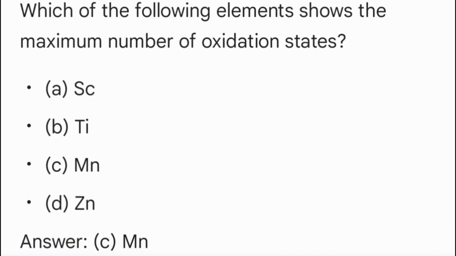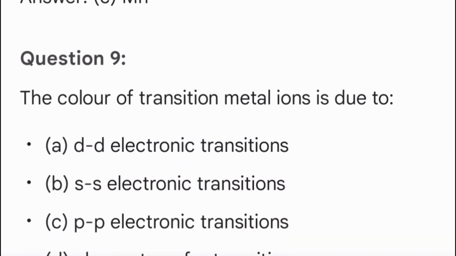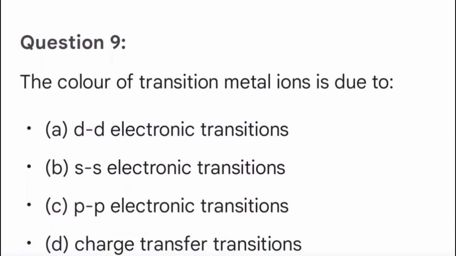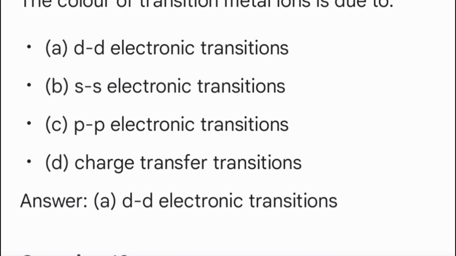Answer: C. Mn. Question 9. The color of transition metal ions is due to: A. d-d electronic transitions, B. s-s electronic transitions, C. p-p electronic transitions, D. Charge transfer transitions. Answer: A. d-d electronic transitions.